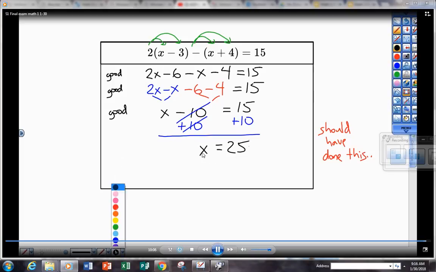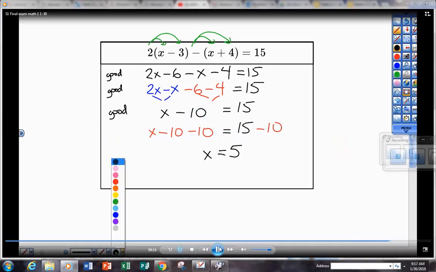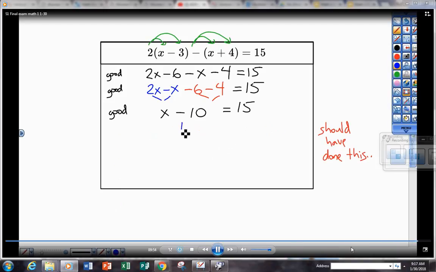But again, on this problem, they want you to identify the bad area, which again, if I go back in time, was right here. Can't do that. Bad. Should have done this. Good. Add 10, add 10. Now it'll give you x equals 25. So make sure you know that.